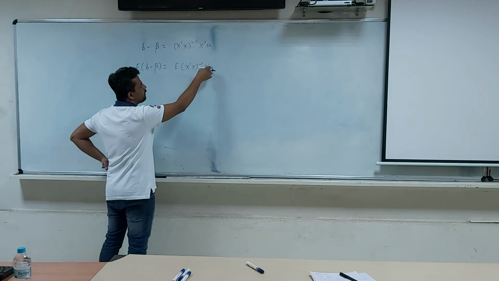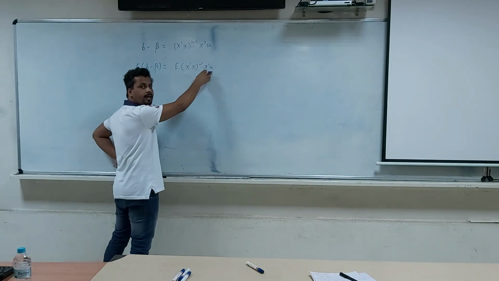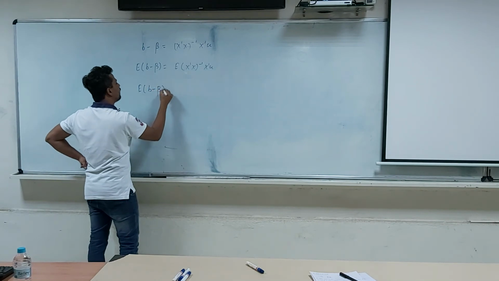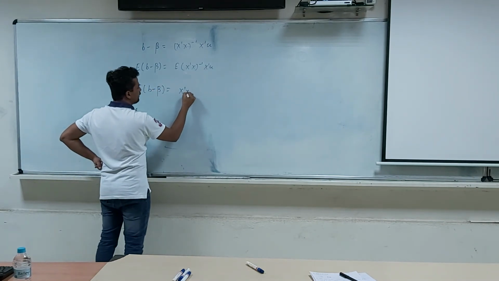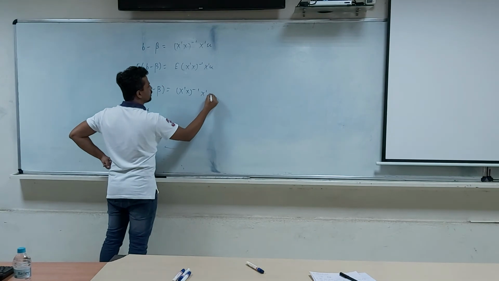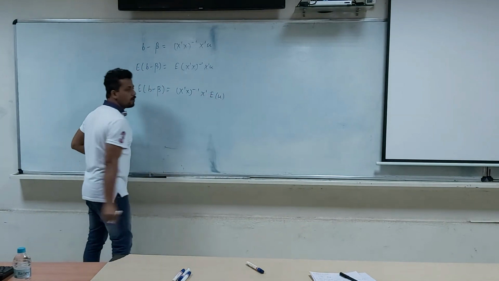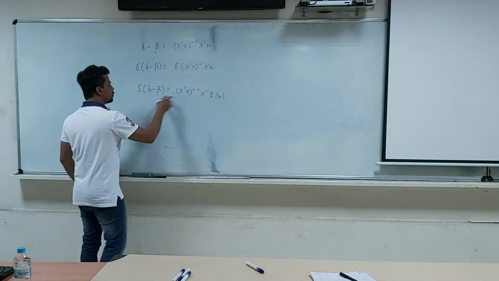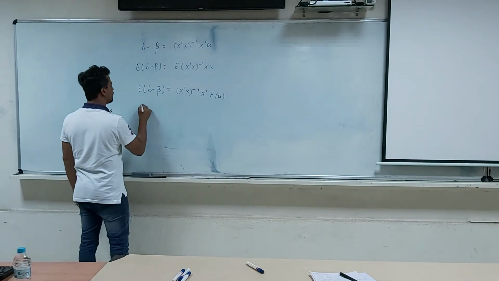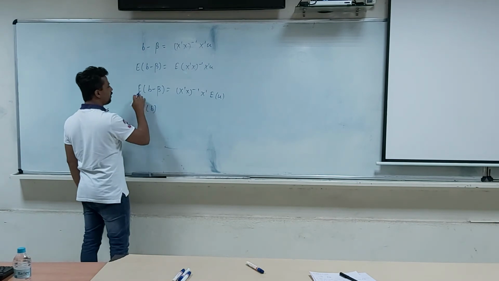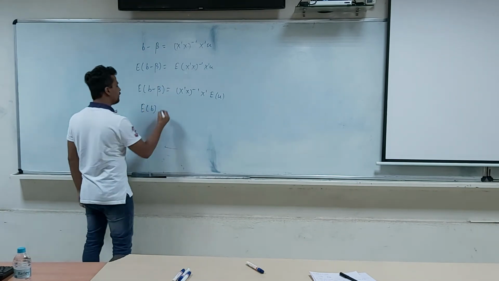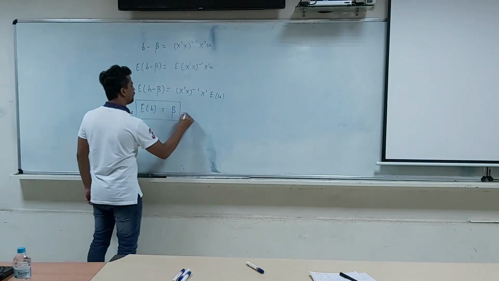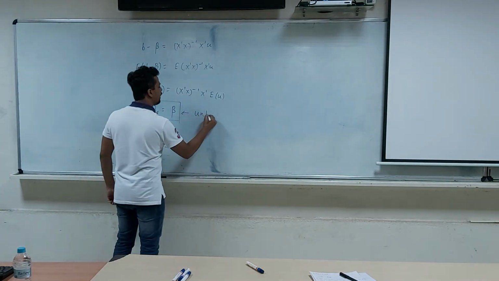So the expectation operator will only apply to a random variable. So the expected value of b minus beta can be written as x transpose x inverse x transpose times the expected value of mu. And what did we just assume? That the expected value of mu is 0. So this whole term is 0. So I can write this as the expected value of b, and the expected value of a constant is the constant itself, so it equals beta. This is your property of unbiasedness.